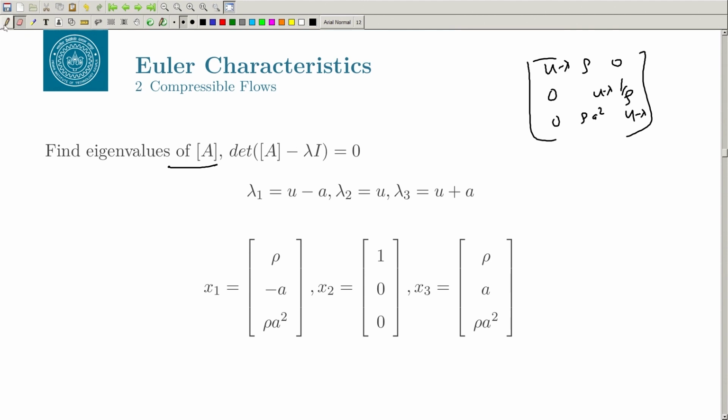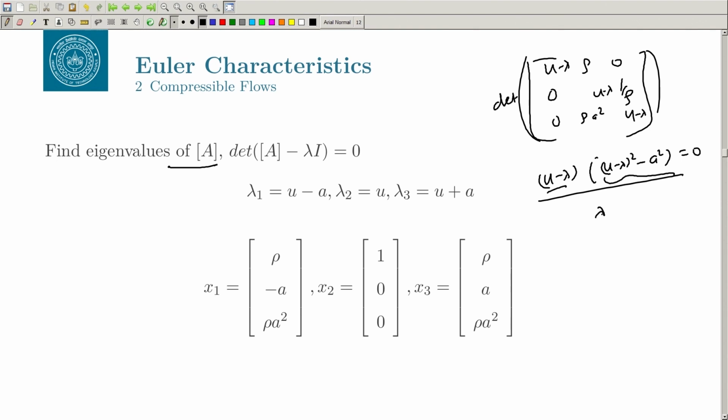Okay. So, not the matrix, but the determinant. Okay. So, if you do this, it will become (u − λ)((u − λ)² − a²) = 0. It will have 3 eigenvalues, one is u − λ = 0, so one will be λ = u, the other will be λ = u + a, and the third will be λ = u − a.